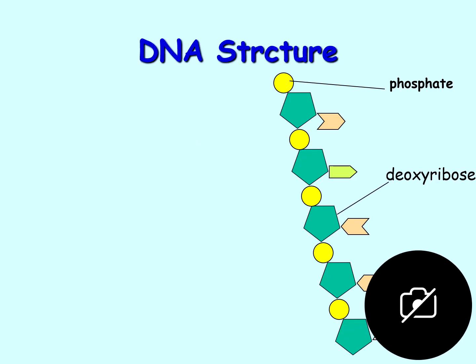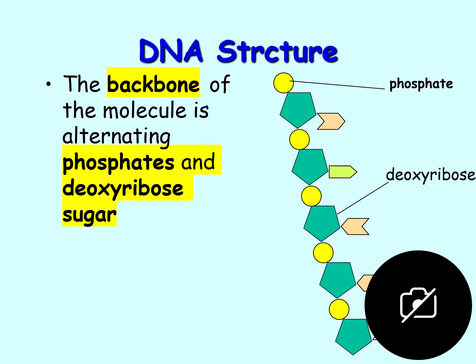So here we have some shapes to represent different parts of DNA. The backbone of the molecule is alternating phosphates and a deoxyribose sugar. The phosphate here is this yellow circle, and the sugar is this aqua-colored five-sided shape here.